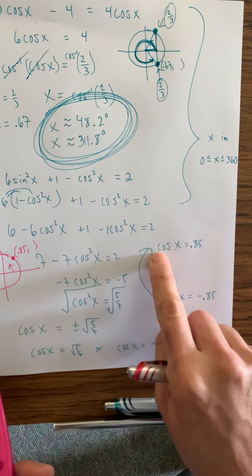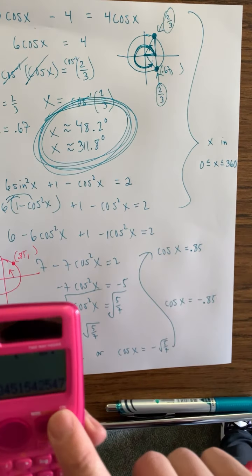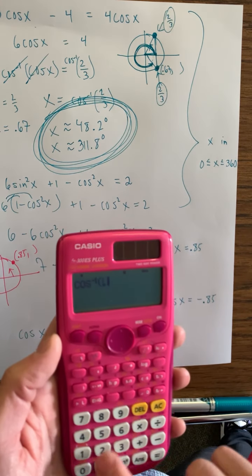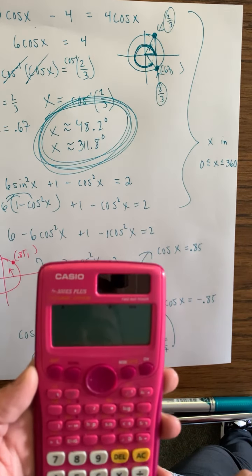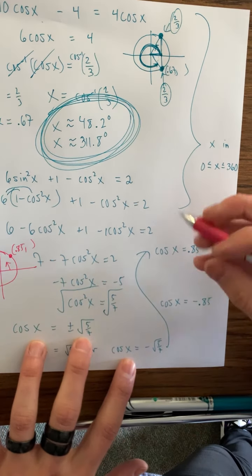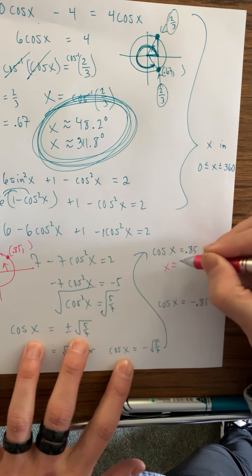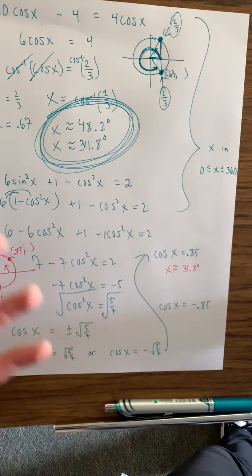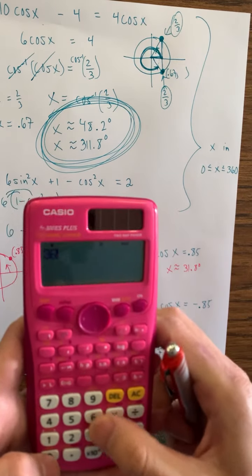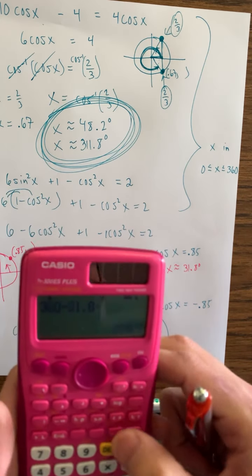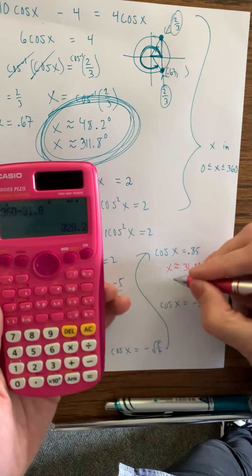Well, you go cosine inverse of both sides. Cosine inverse of 0.85, roughly speaking, says about 31.8 degrees. So x is about 31.8 degrees, but then do the trick from before: 360 minus 31.8 degrees, and that's about 328.2.